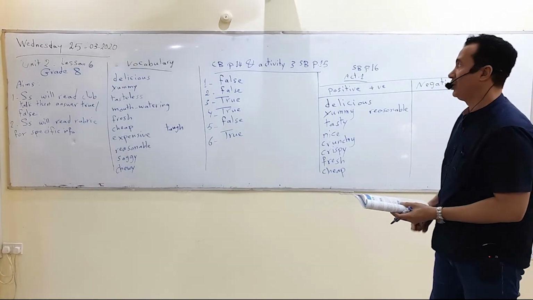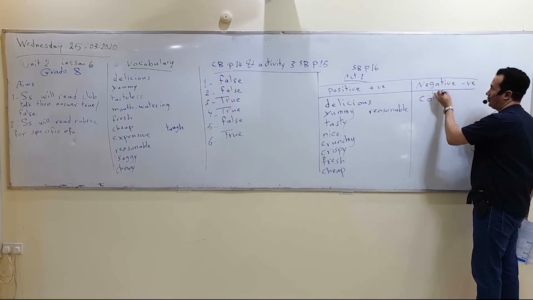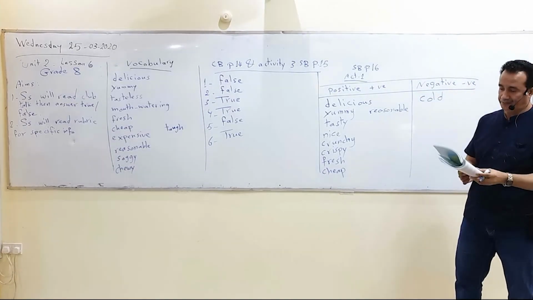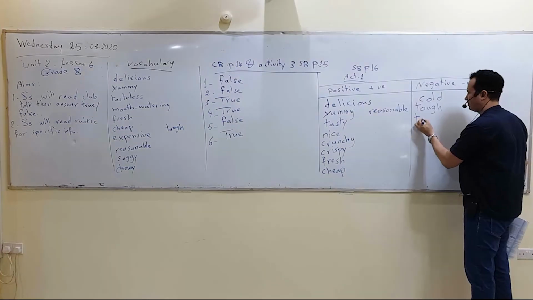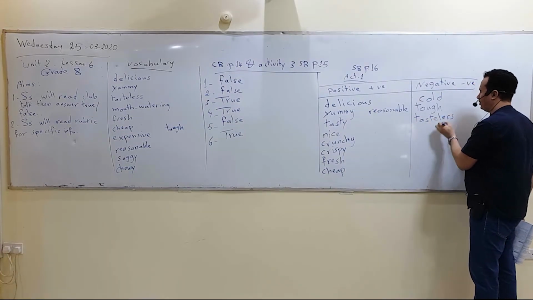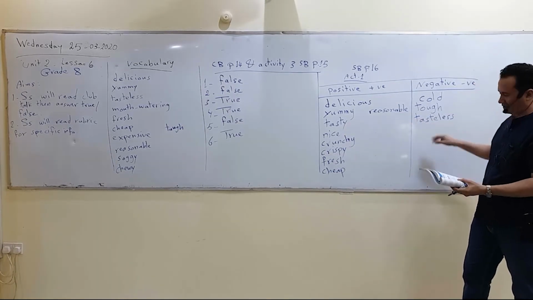But most of us, we don't like our food to be cold, so it's negative. Tough. We don't like tough food, hard, tasteless. It doesn't have any taste at all. Here we have tasty. The opposite is tasteless.